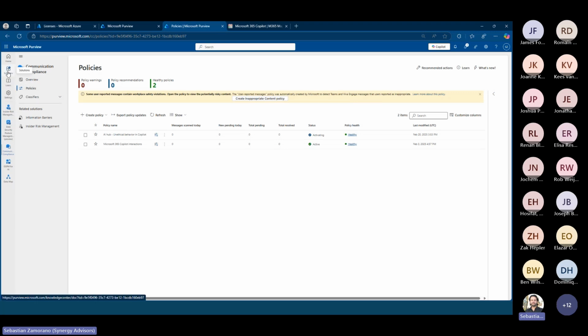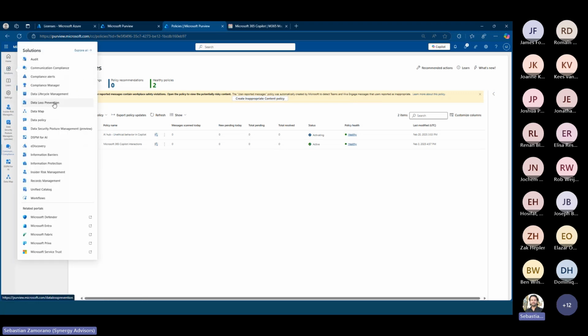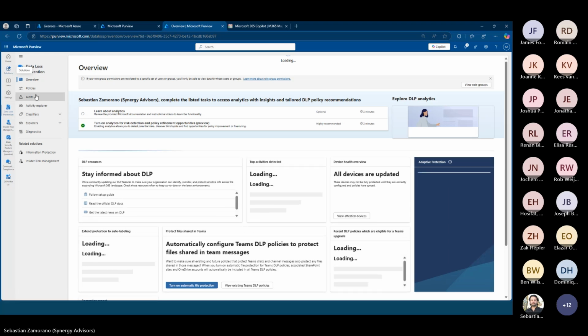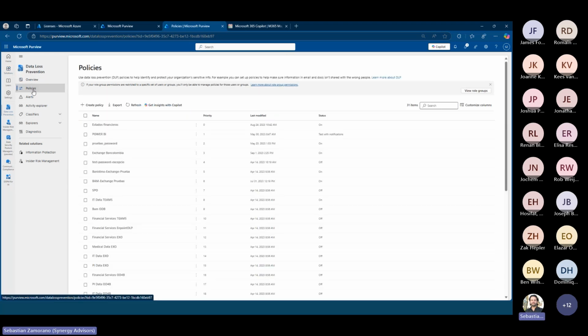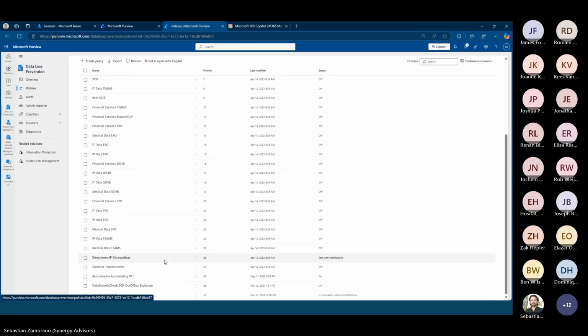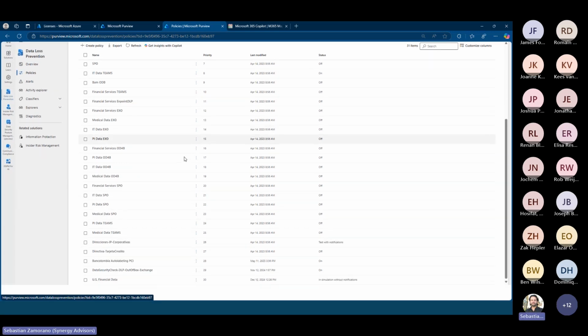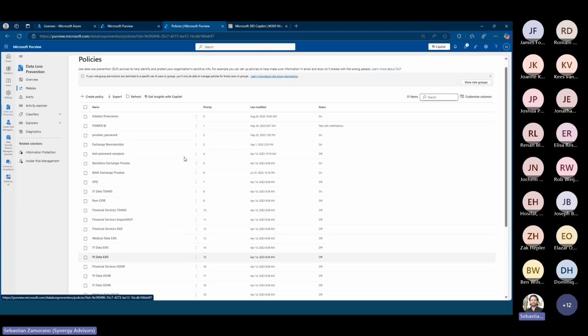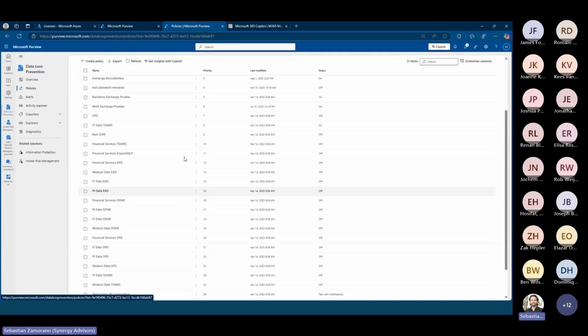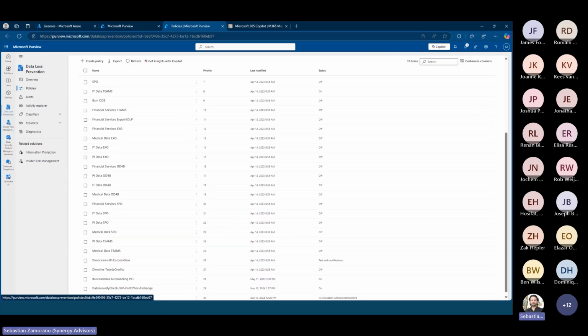If we go back to data loss prevention and go to policies, well, this is another environment where I have several others, and I don't think I have created it in this one yet. I have it in the previous one.